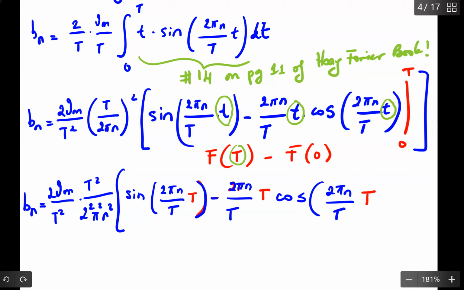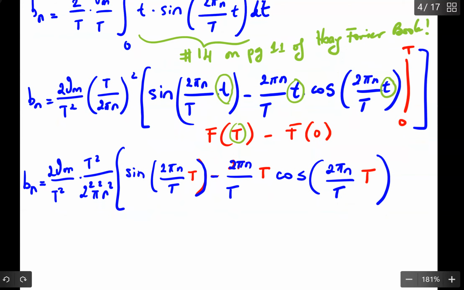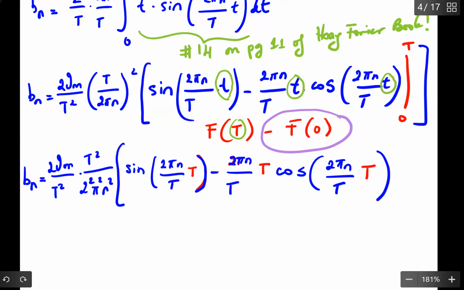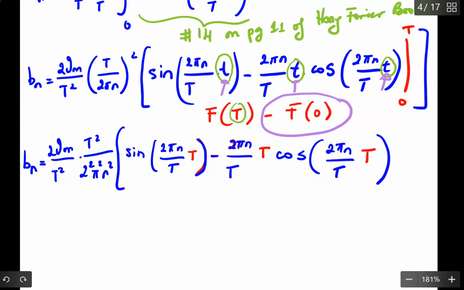Now, the next step is I need to subtract this F of 0. So where the t is, it will be replaced by the value of 0.